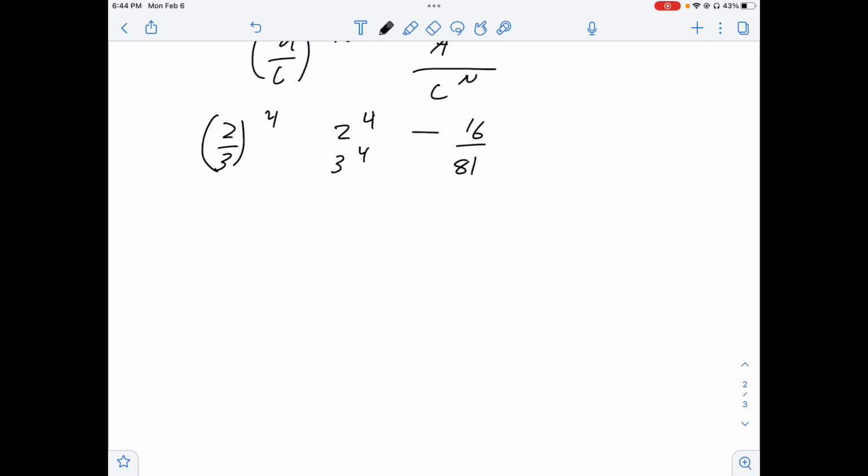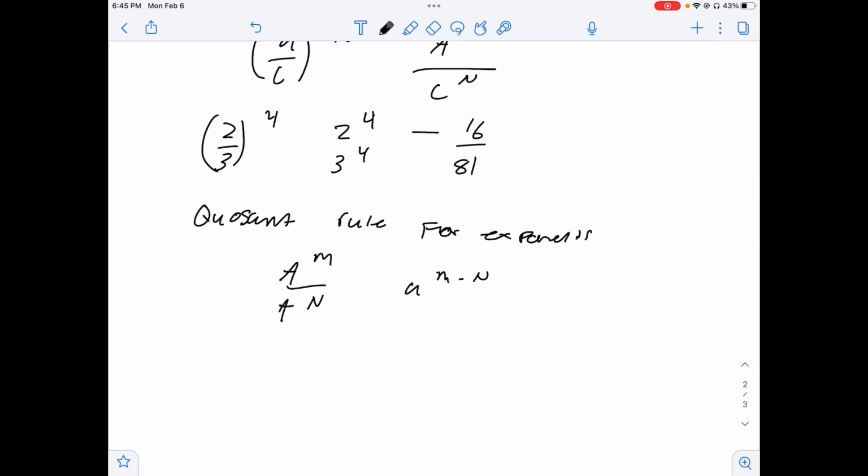The next rule is the quotient rule for exponents, which states if m and n are positive integers and a is a real number, a to the power of m over a to the power of n becomes a to the power of m minus n.